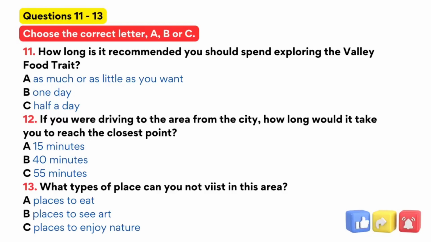You will hear a recorded message giving information about an area where tourists can visit to taste local food. First, you will have some time to look at questions 11 to 13. Now listen carefully to the first part of the message and answer questions 11 to 13.